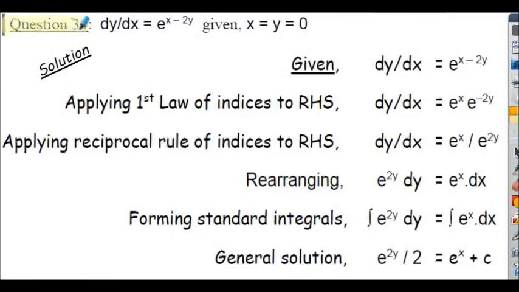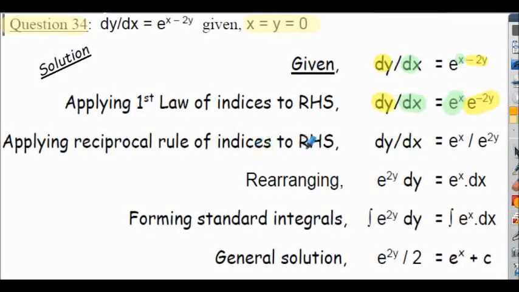Question 34. Again, we have to find a particular solution because we're given x equals y equals 0. So dy by dx is equal to e to the power of x minus 2y. On the right hand side I'm going to apply the first law of indices so I can write the exponentials in terms of e to the x, in this case e to the negative 2y.